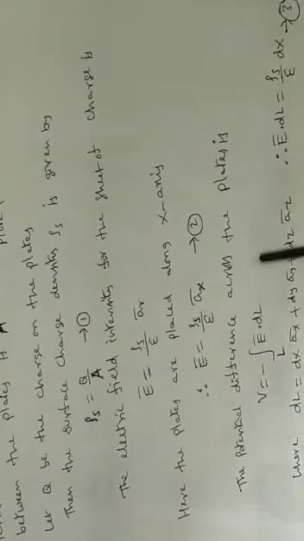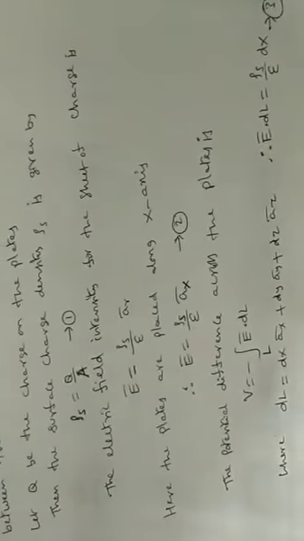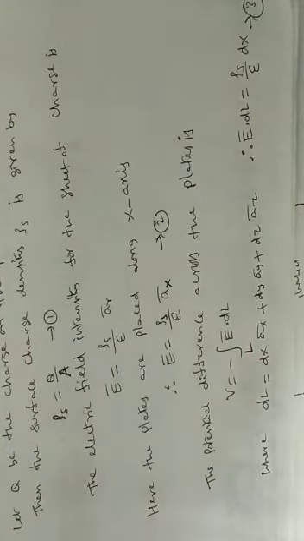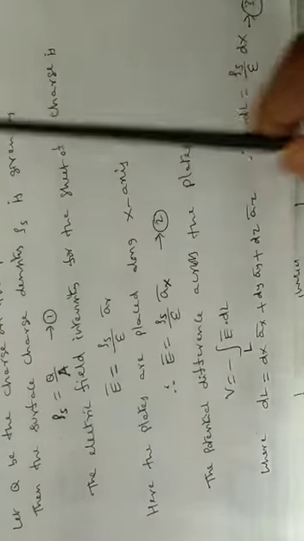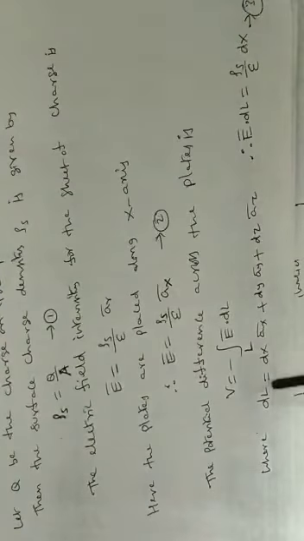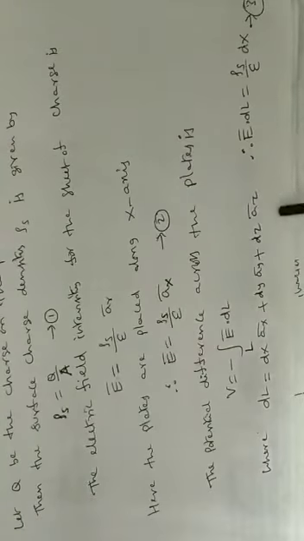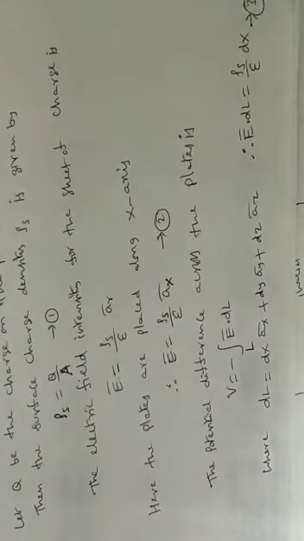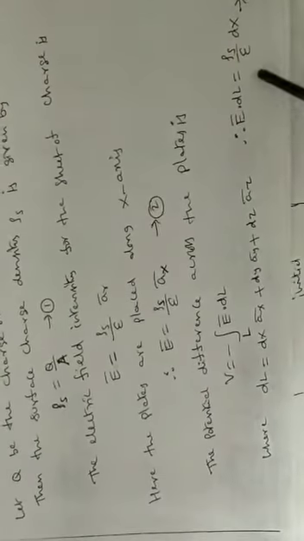Now the potential difference across the plates is V equal to minus line integral of E bar dot dl. What is dl in this case? dl is equal to dx ax bar plus dy ay bar plus dz az bar. Taking the dot product, E bar dot dl is equal to rho s by epsilon into dx.